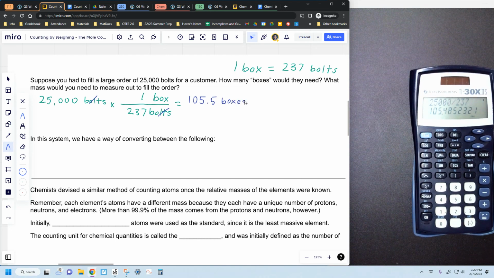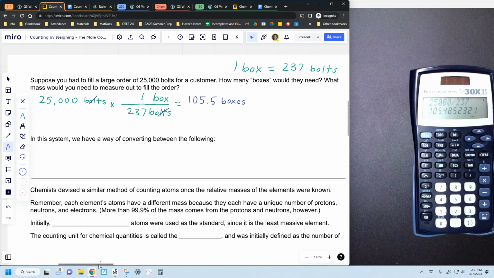Now, I couldn't really have a partial bolt, but I could certainly have a partial box, right? You could open it up, take half of it out. That's a partial box, right? Again, it didn't come out perfectly equal, one box to 237. So really, I'm probably more like a 3 sig fig answer. It's like 106 plus or minus one box. Don't want to worry about that so much. I could potentially have half a box, okay?